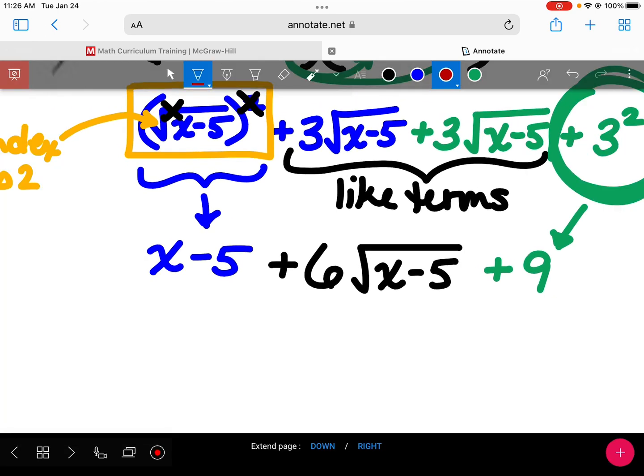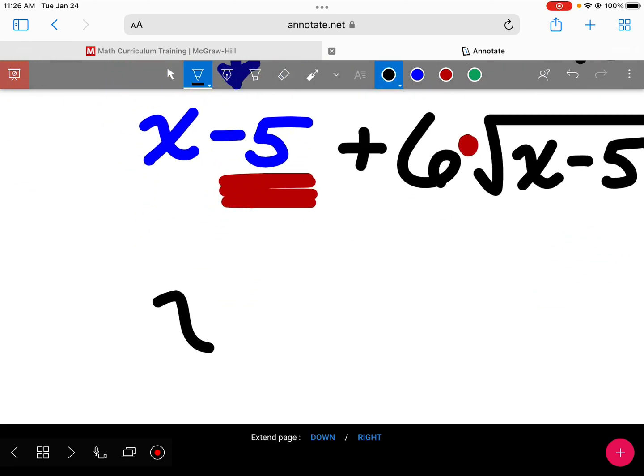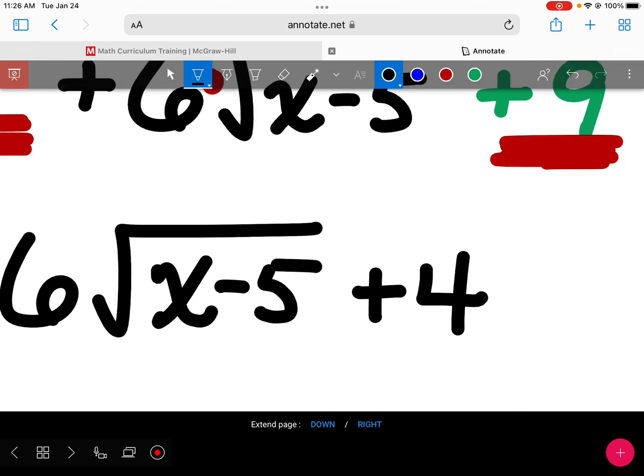Not the 6. 6 is being multiplied to this guy. The negative 5 and what? And the 9. What happens when I combine those two together? I get 4. So x plus 6 radical x minus 5 plus 4.